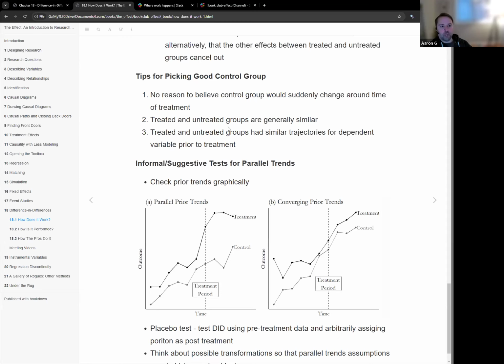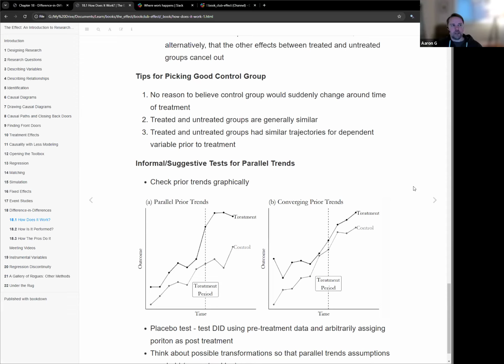So a couple other bullets just about what makes a good control group. You wouldn't want to have a control group where you would expect some sort of sudden change around the time of treatment. You would expect existing trends to continue as expected. No big jumps or leaps, right? Around the time of the treatment.